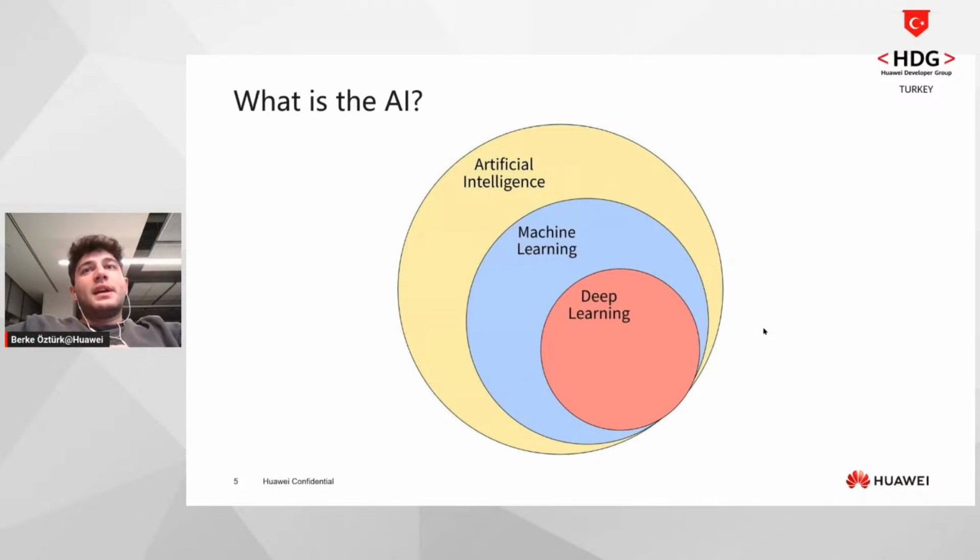First of all, what is AI? Actually, AI is the development of machines that can think and act like humans, performing tasks such as speech recognition, object detection, decision making, and language translation. It also covers deep learning and machine learning algorithms, which are two subfields of AI that develop algorithms that learn from data.